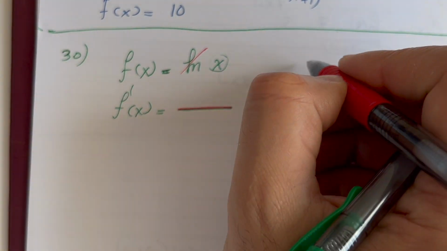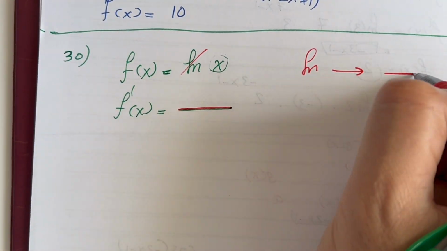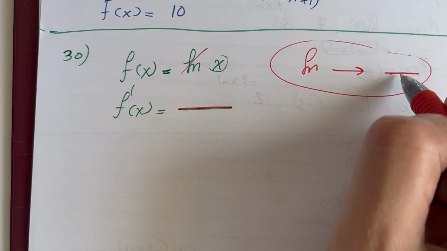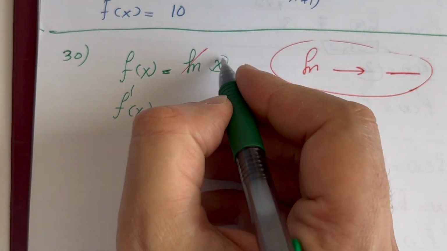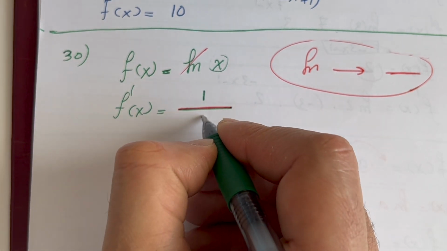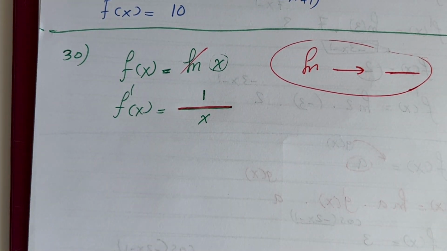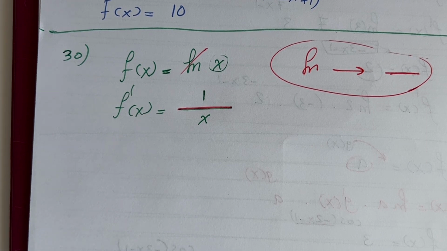So always with logarithmic functions, the derivative will be a fraction. This is not minus, this is a fraction, a rational function. So the derivative of what's inside is 1 over what's inside, which is x. So logarithmic functions will not be logarithmic functions anymore after you take the derivative.